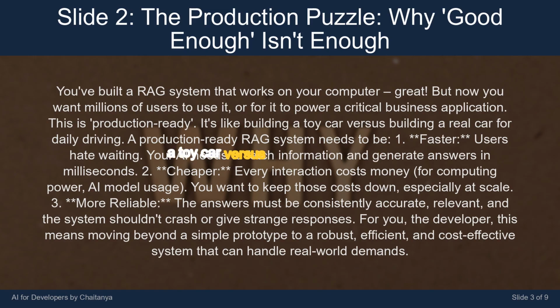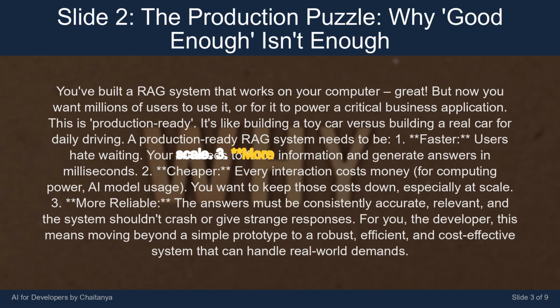A production-ready RAG system needs to be: 1. Faster. Users hate waiting. Your AI needs to fetch information and generate answers in milliseconds. 2. Cheaper. Every interaction costs money. For computing power, AI model usage, you want to keep those costs down, especially at scale. 3.